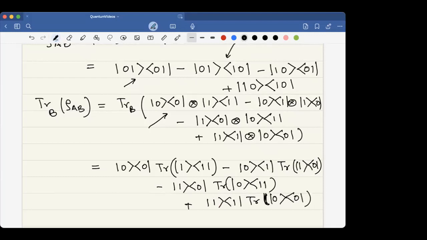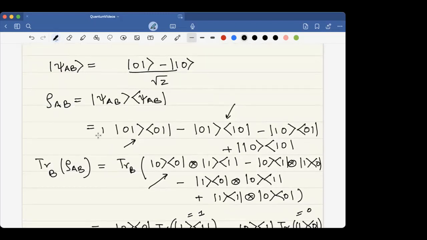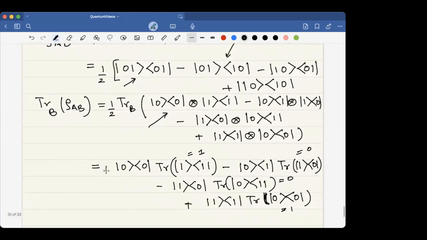This is just by the definition given previously of the partial trace operation. Now this trace is equal to 1, this is equal to 0, this is equal to 0, and this is equal to 1. Okay, I have missed out a half because the state has a square root of 2. So this should all be half.